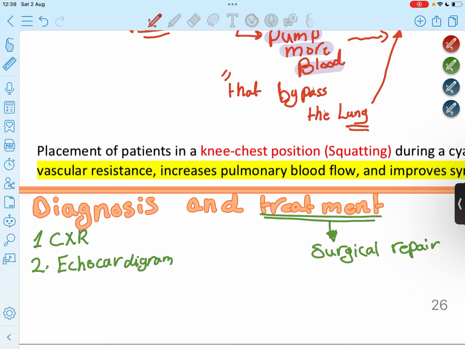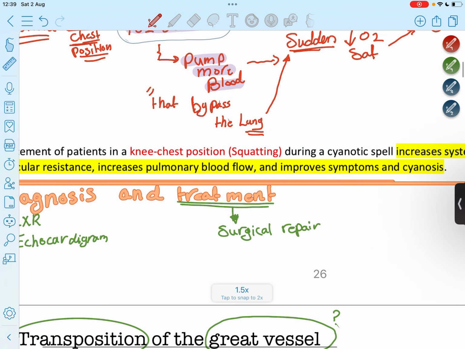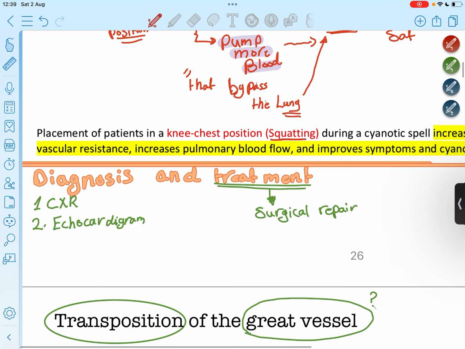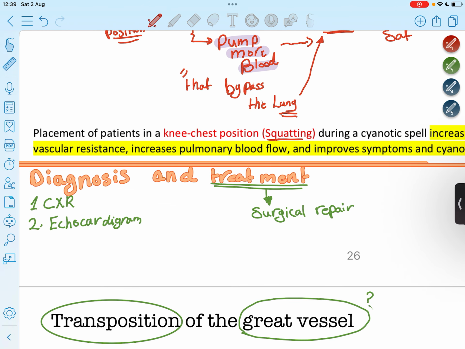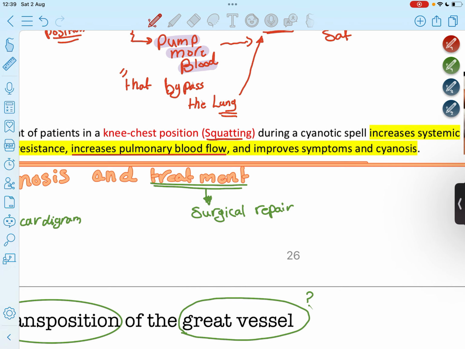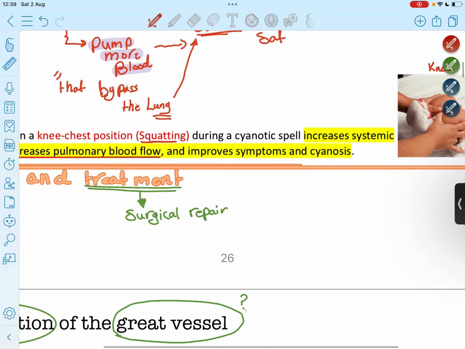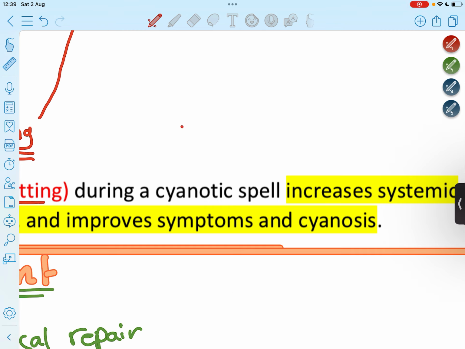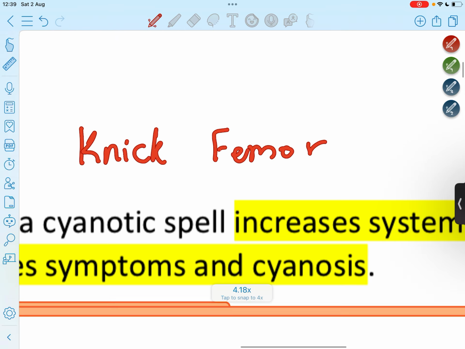Placing the patient in a knee chest position, like squatting during a cyanotic spell, increases systemic vascular resistance, also increases pulmonary blood flow, and improves symptoms and cyanosis. It increases systemic vascular resistance because it kinks the femoral artery, which makes more systemic resistance.